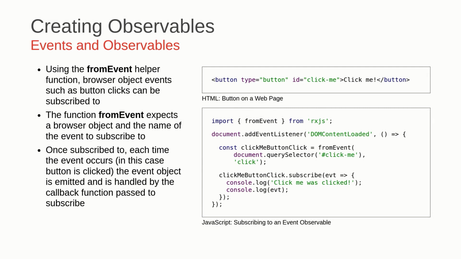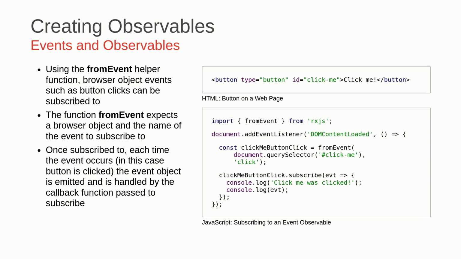Now, another common thing that we can set up with observables is actually to listen to events from web browser objects. So in this case, we have some HTML code with a button being defined, and we want to have an observable wired up off of this button so that each time we click it, it emits an event from that observable. Well, we can actually use the fromEvent helper method. Now, of course, you could code this up with observable.create, but fromEvent is really nice.